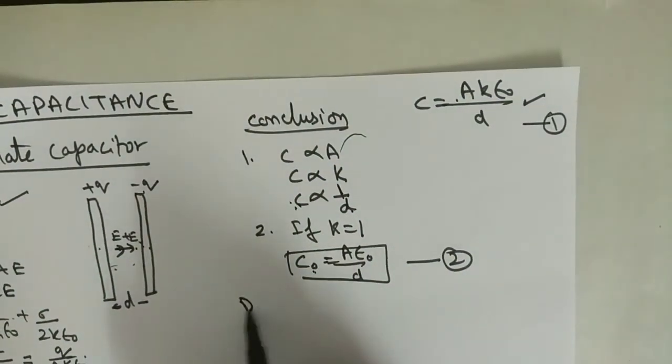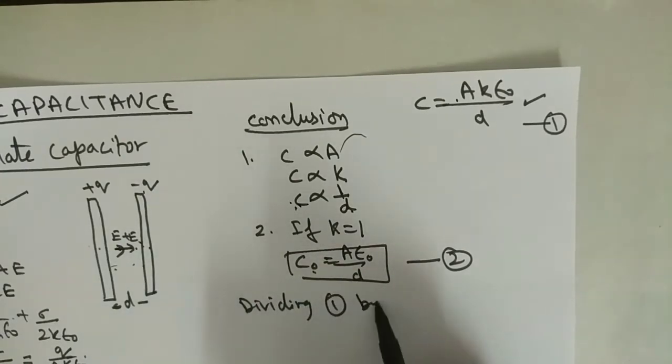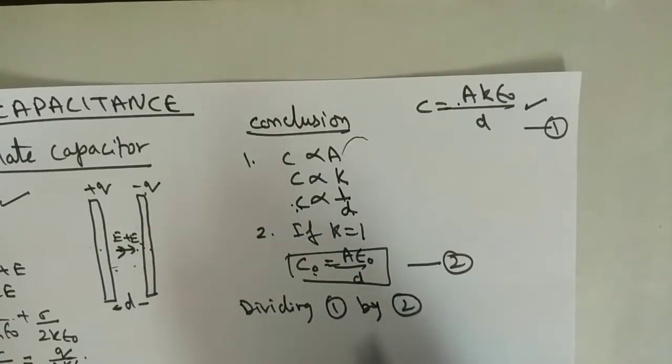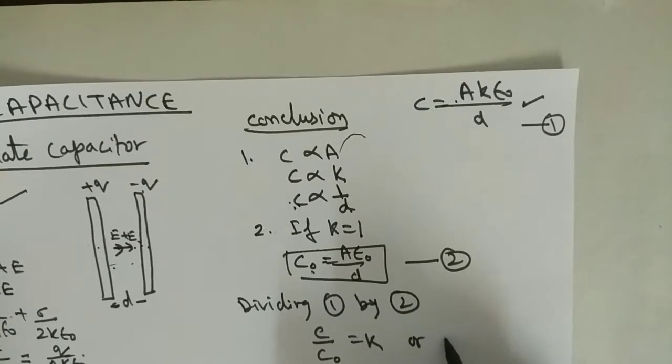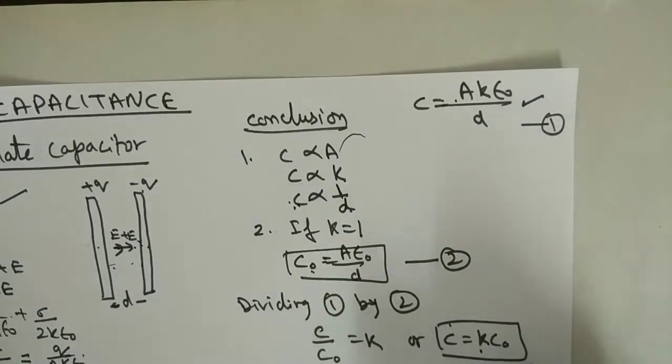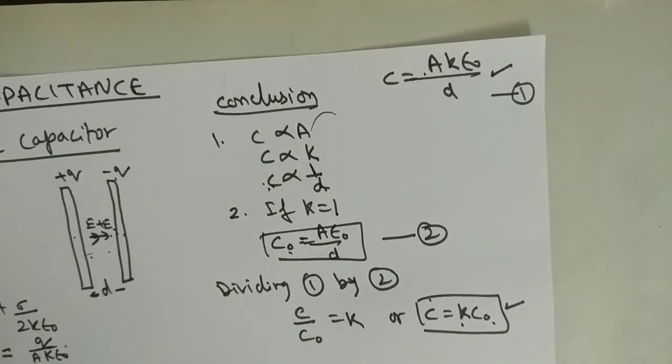Now if you divide 1 by 2, we have C upon C naught is equal to k, or simply C is equal to k C naught. It means the new capacitance will be k times the capacitance of the air capacitor. So this is the parallel plate capacitor.